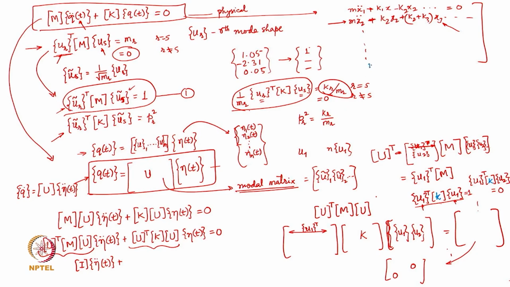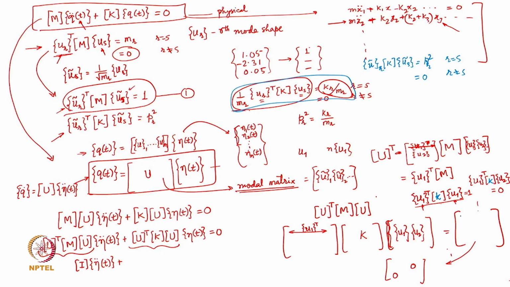U tilde, that means the mass normalized modal vector, when you multiply it with K, what do you get? PR square when R is equal to S, and it is equal to 0 when R is not equal to S. You got that, right? When they are mass normalized, the product gives you PR square.